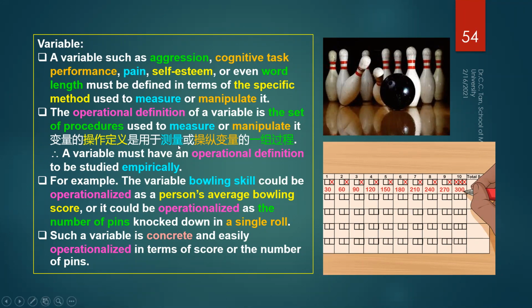For example, let's say we have a variable called service satisfaction. By conceptual definition, there are a lot of ways to look at customer satisfaction or service satisfaction. But one way, by the expectation theory, is the degree of meeting the expectation, and that could be the degree of satisfaction.